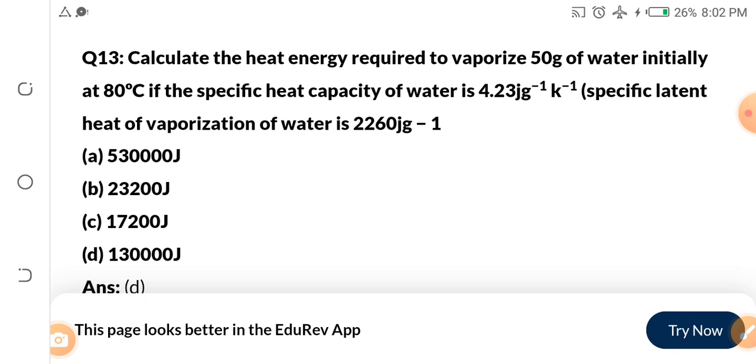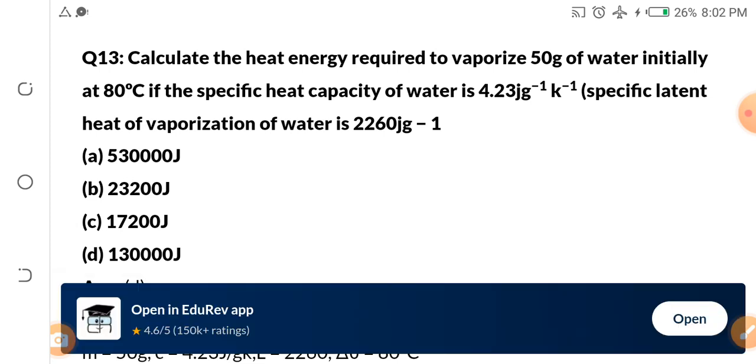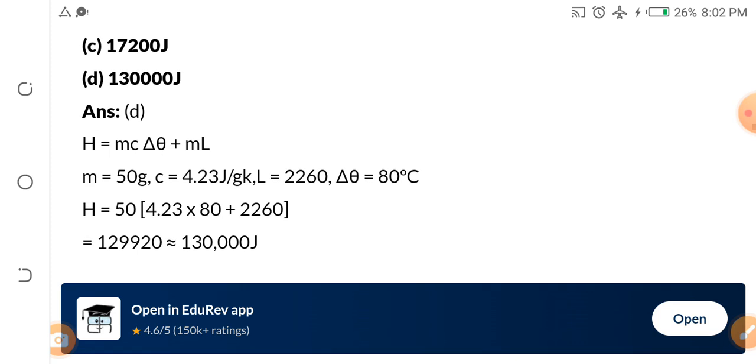Look at this question. Calculate the heat required to vaporize 50 grams of water initially at 80 degrees Celsius if the specific heat capacity of water is 4.23. Okay, we look at the solving.